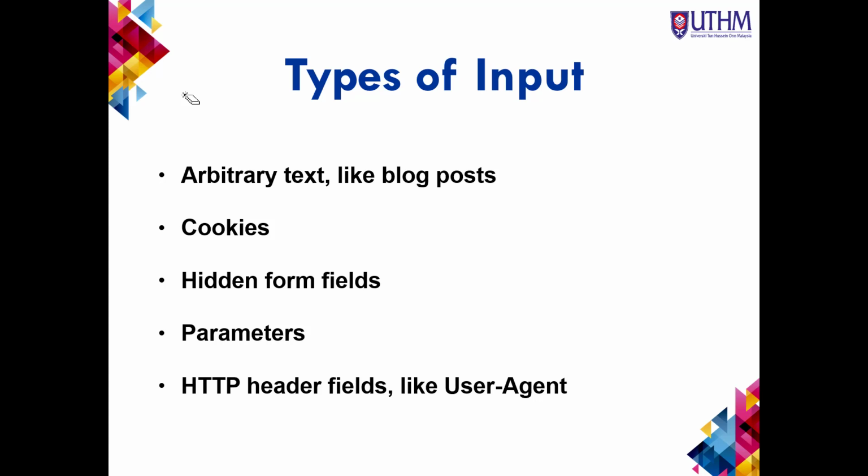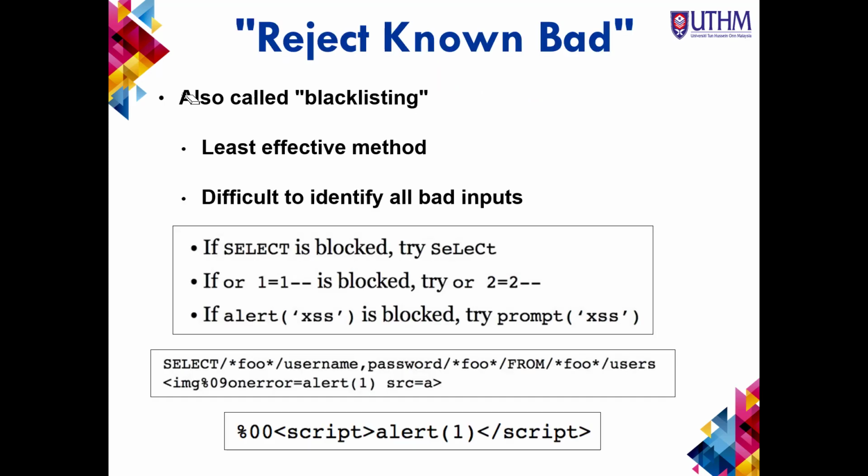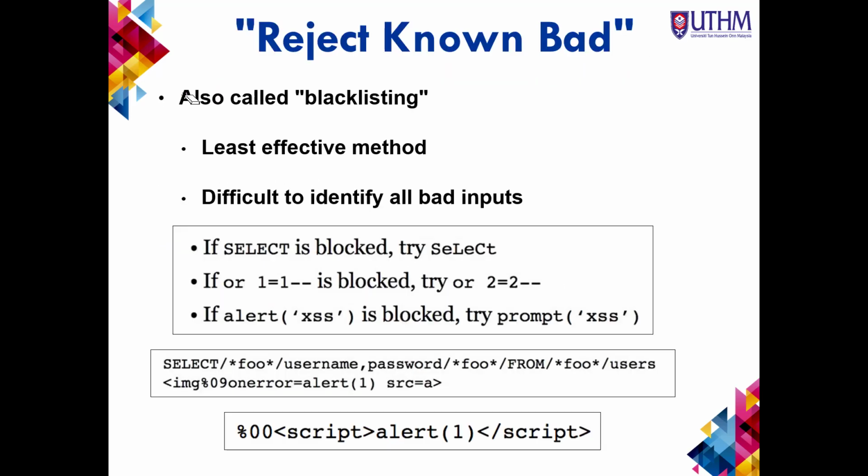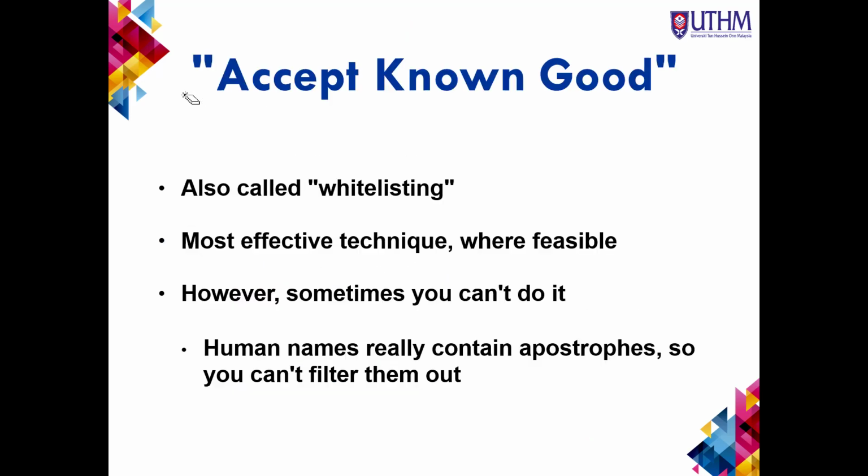This is the types of input: arbitrary tags like blog posts, cookies, hidden form fields, parameters, HTTP header fields like user agent. So, this is the scripting, the technical stuff.